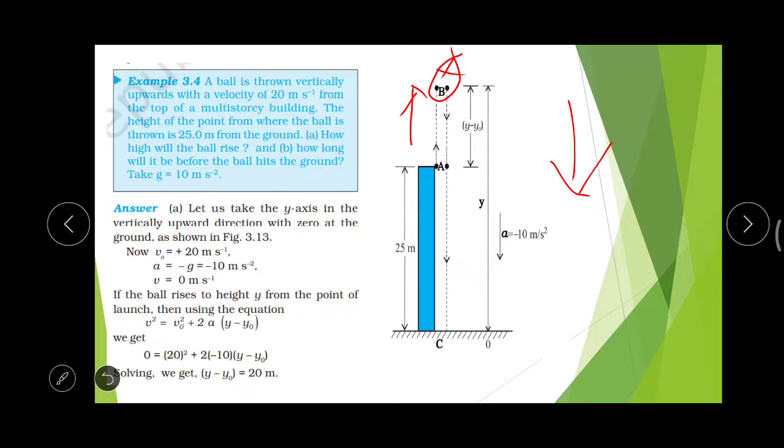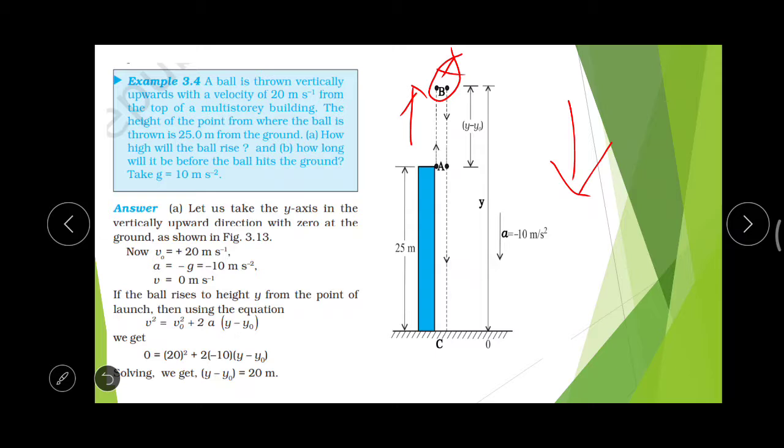If the ball rises to a height y from the point of launch, then we use the last kinematic equation, v squared is equal to v0 squared plus 2a into (y minus y0), where y minus y0 is the displacement. So you want to find y minus y0. You have the v value, the v0 value, and the acceleration.